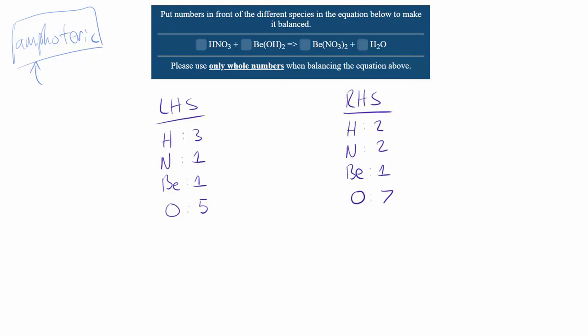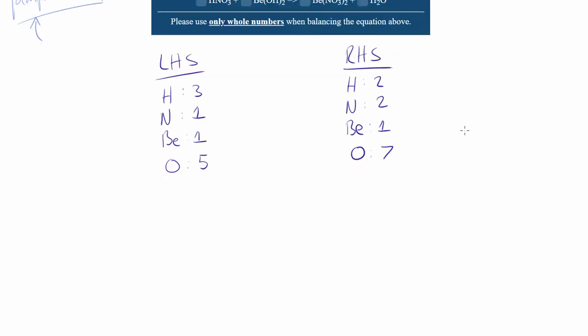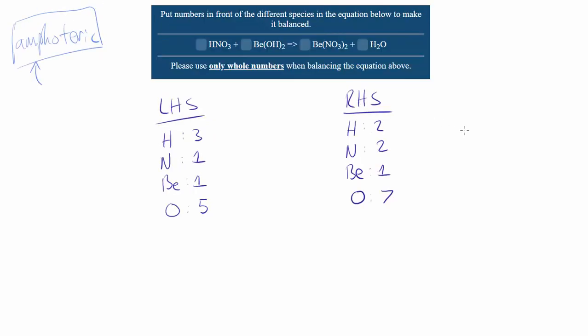So if we want to get a balance for that, if we multiply HNO₃, which is the left hand side species, by 2, we're going to have 2 nitrogen here and 2 here. So that's going to effectively create some level of balance between the nitrogen. That's the first step I'm going to take. And so let's take a look at what the new equation is going to look like.